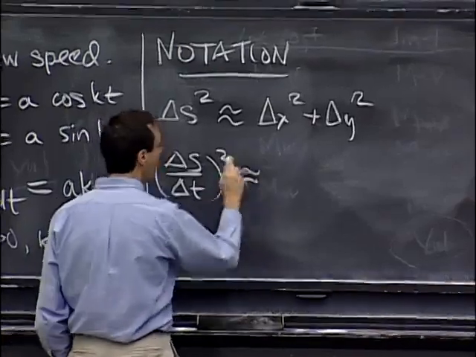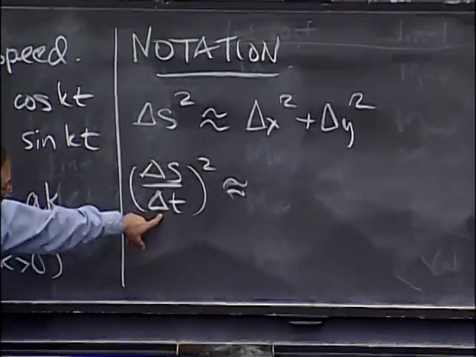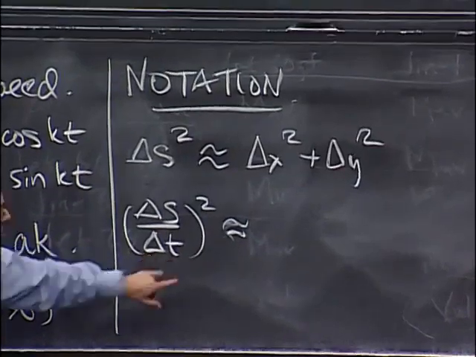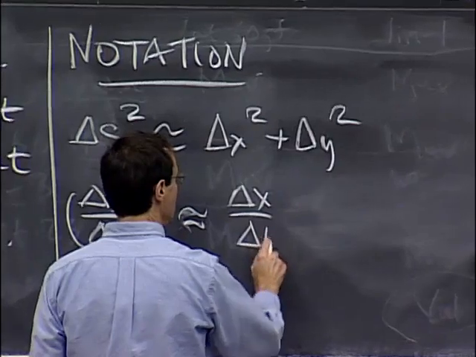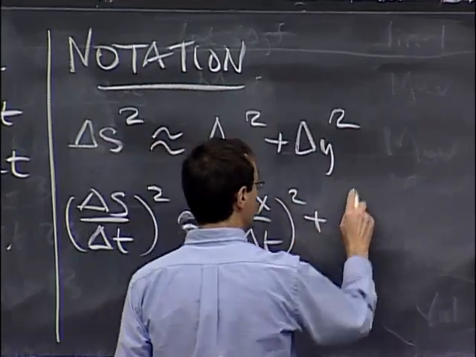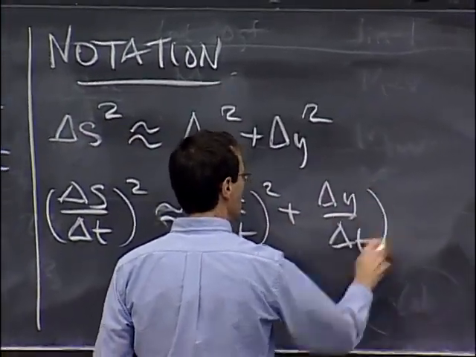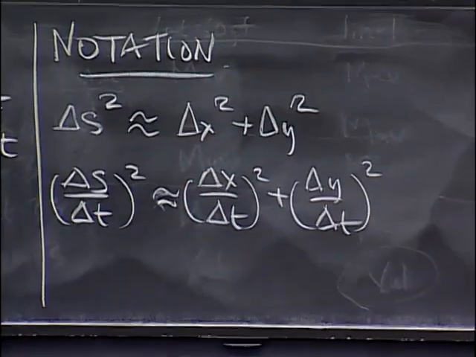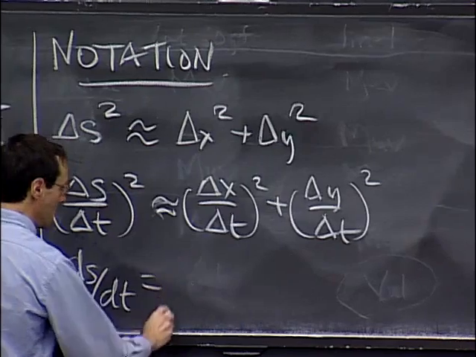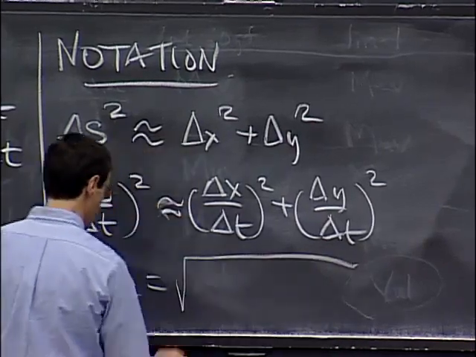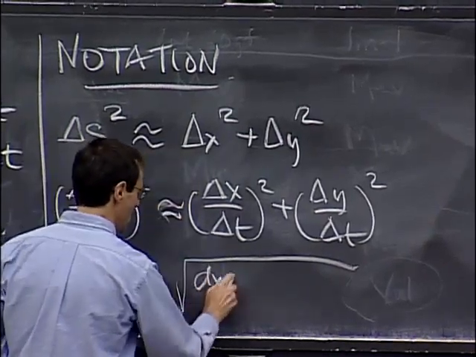And sorry, this is still approximately equal. So I'm not dividing by something that's 0 or infinitesimal. I'm dividing by something non-zero. And here I have delta x delta t squared plus delta y delta t, the quantity squared. And then in the limit, I have ds dt is equal to this square root of this guy, or if you like, the square of it.